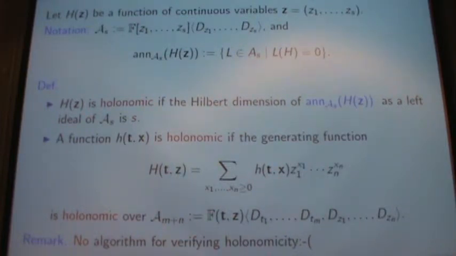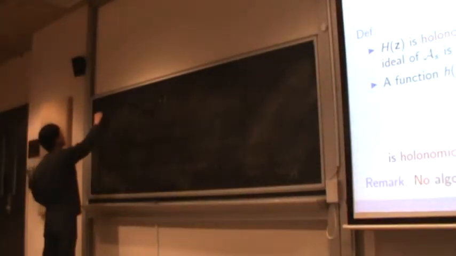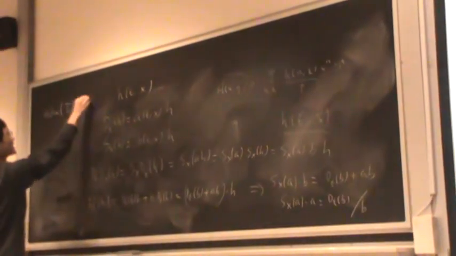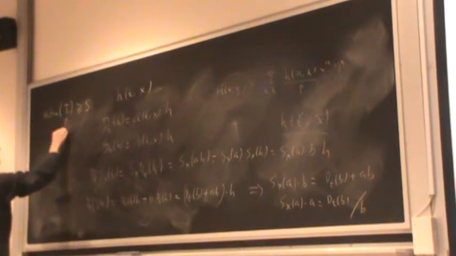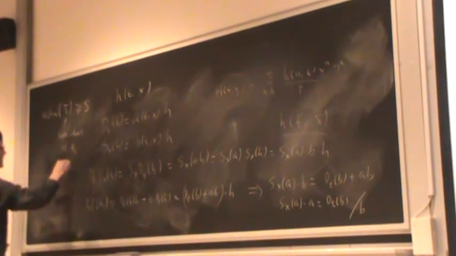There is a very strong inequality about the Hilbert dimension of this annihilating ideal. It says that the Hilbert dimension of any proper left ideal of A_s is greater than or equal to s.